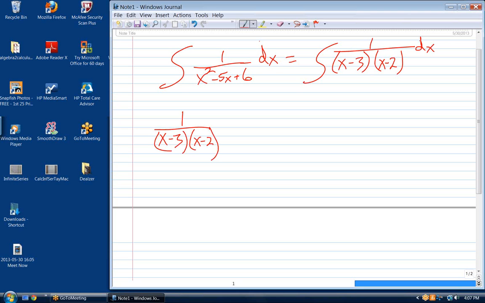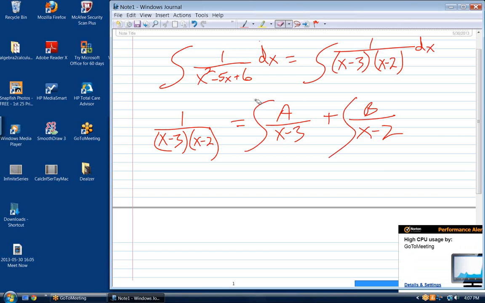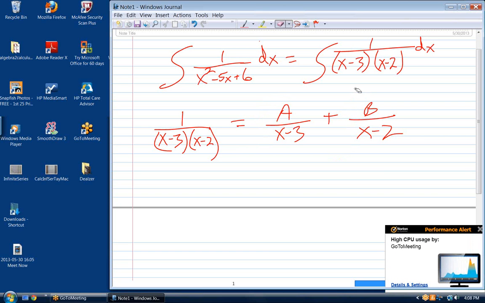In other words, we can't integrate this. But if I can get it into A over x minus 3 plus B over x minus 2, if I can figure out what A and B are, then I'll be able to integrate that separately. Okay. So that's the concept of partial fractions.